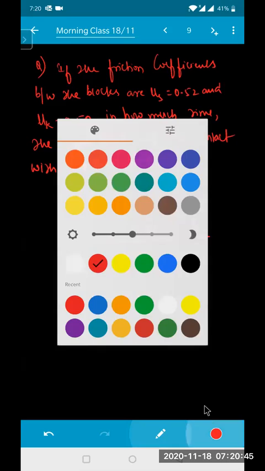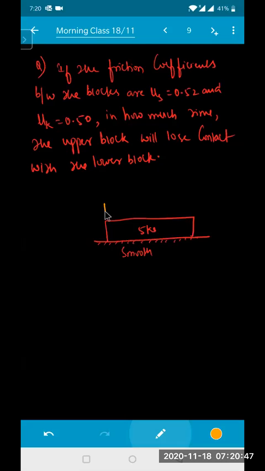On this one, there is a 2 kg block, and on this 2 kg block you are applying a force of 20 Newton. The distance from here to here is 37.5 centimeters. So this is the given situation.